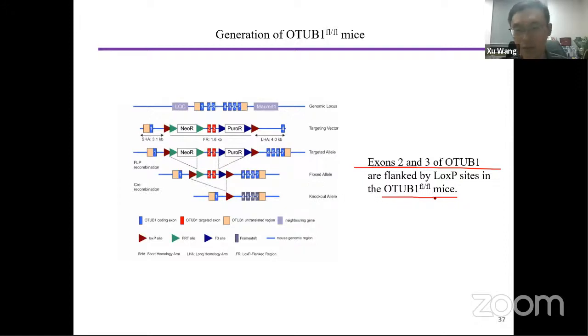If you haven't done experiments with animals, maybe it's difficult for you to understand. But you should know that in OTUB1 flox mice, the OTUB1 gene is modified, so this gene can be deleted later.